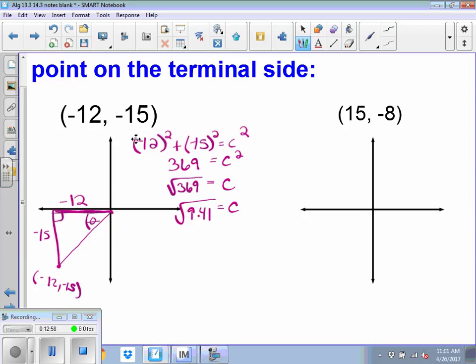If you take 369 and start dividing it by perfect squares, that's how you can figure that out. Divided by 4, then divided by 9, then divided by 16. And so that's 3 square roots of 41. That's what C is.